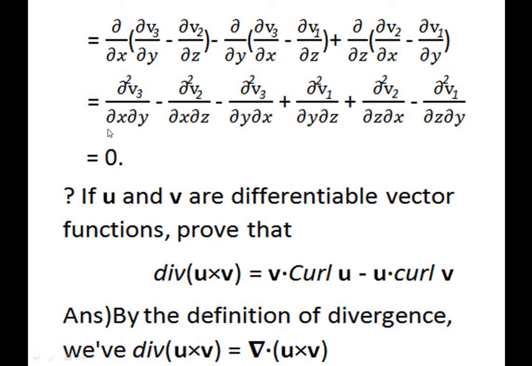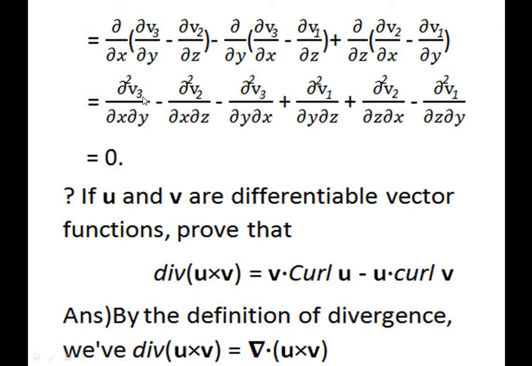How does it become 0? Listen, v1, v2, v3 are the components of the vector function v, which are scalar quantities, whose mixed partial derivatives are equal. That is, dou square by dou x dou y and dou square by dou y dou x are equal.